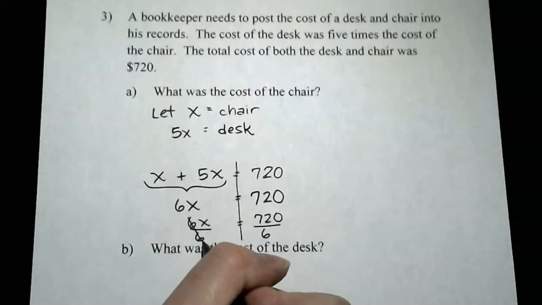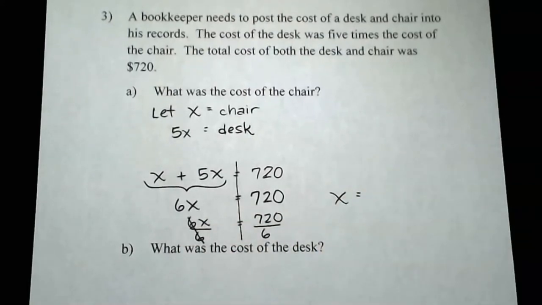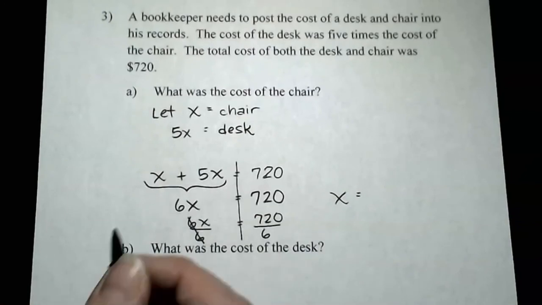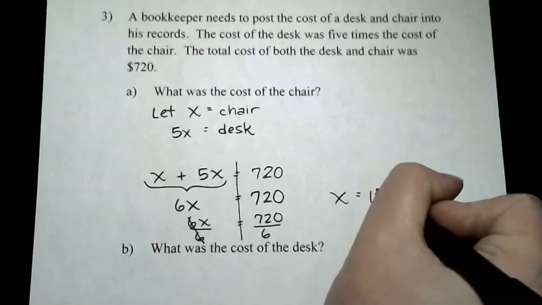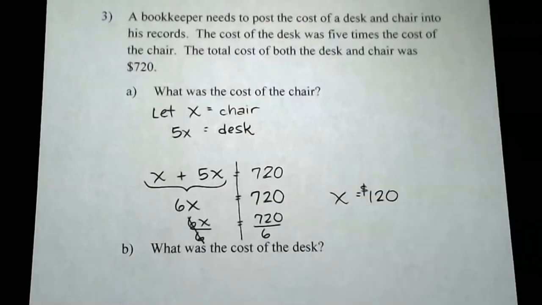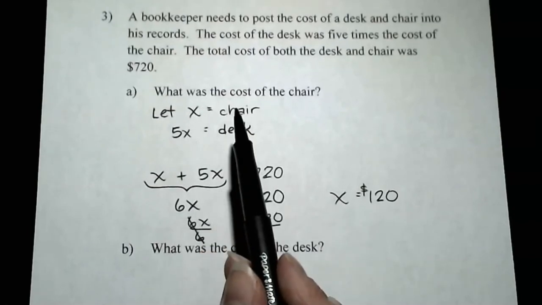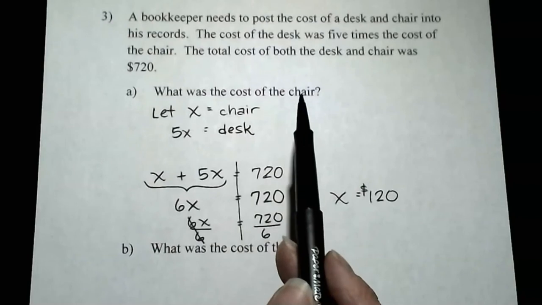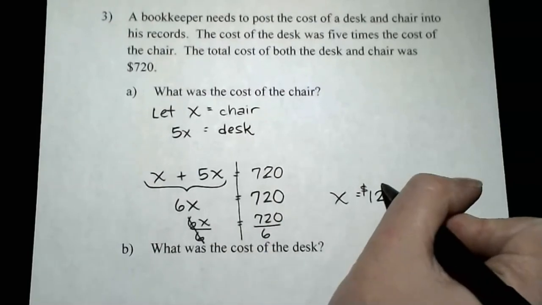That way the 6's will cancel, and X is 120. Now let's make sure that we solved for the right thing. The X was the chair. So the chair is what they asked for. The chair is the 120.